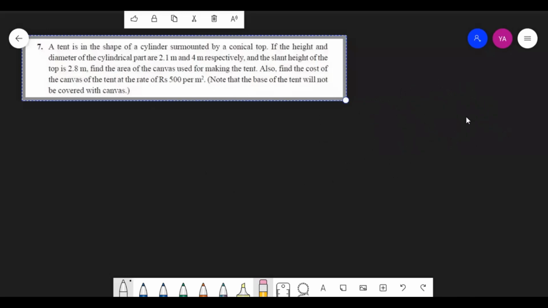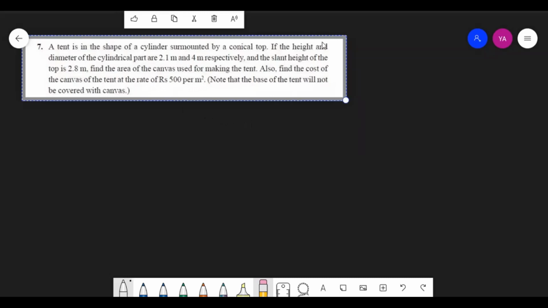We want to find the surface area excluding the base, because we want to cover the tent with canvas, and we want to find the cost of the canvas at the rate of 500 per meter square. So first we find the surface area and then multiply the answer by 500, and we will get the total cost.